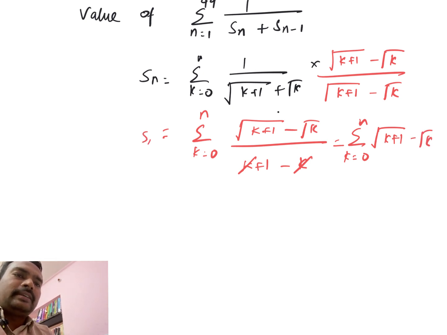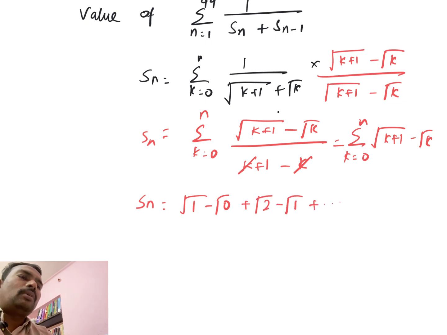Okay, next, just replace k equals 0, 1, 2, 3 up to n. If you substitute k equals 0, what will we get? Square root of 1 minus square root of 0. If you apply k equals 1, square root of 2 minus square root of 1, and so on, until you apply n: square root of n plus 1 minus square root of n.